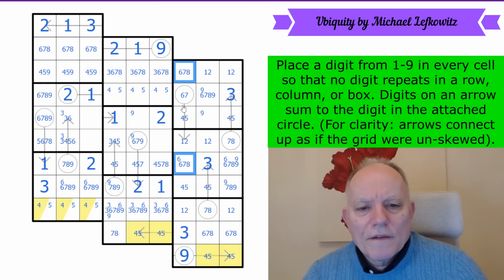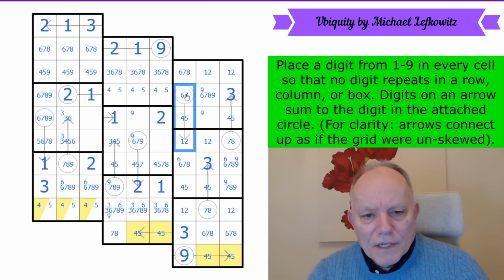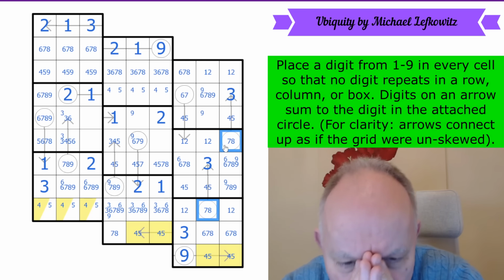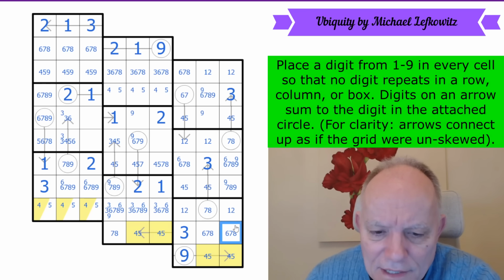Well, hang on. If this is 7, 5, 2 on this circle, you've got a 4 here. That makes this 5, but the 5 here makes this 4. So these are a 7, 8 pair. And they both see that cell, which would become a 6.